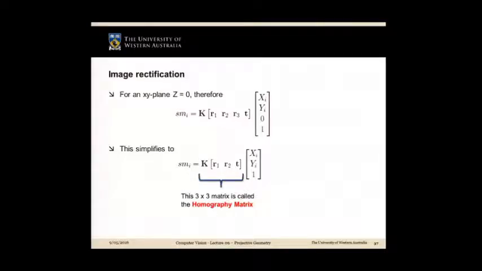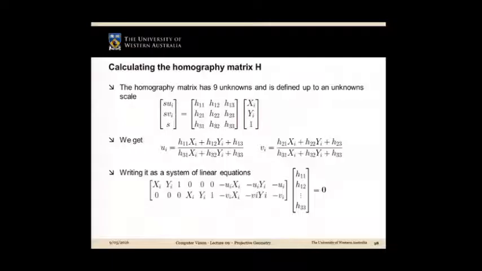So if you remember the concepts from your previous lecture about all these values, just keep in mind these two values together. This 3x3 homography matrix actually helps you to perform image rectification. Now, calculating the homography matrix H. The homography matrix has 9 unknowns and is defined up to an unknown scale, right? So I hope you guys remember this expression as well.